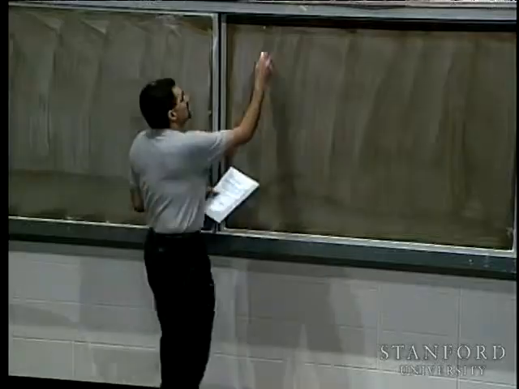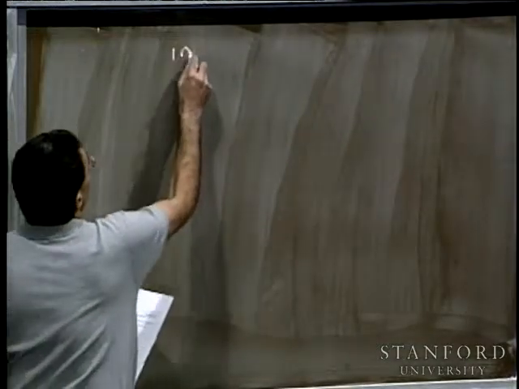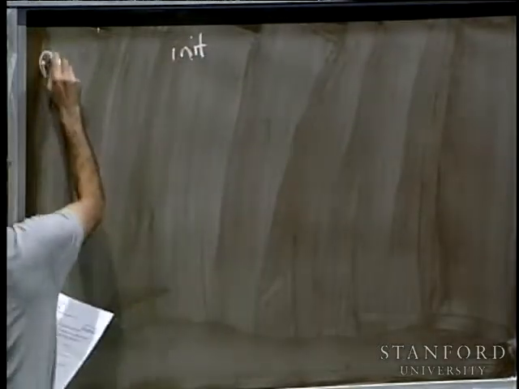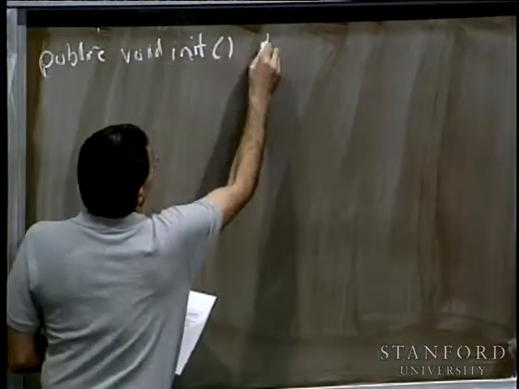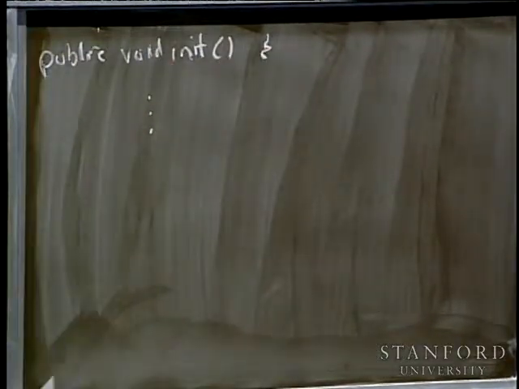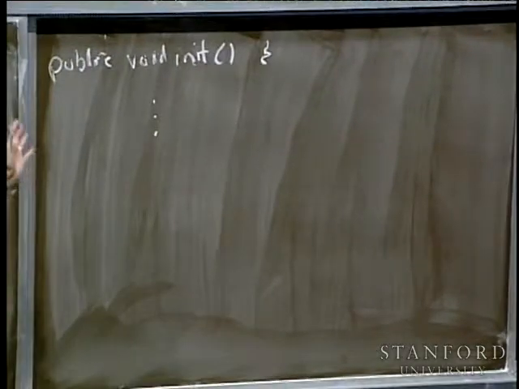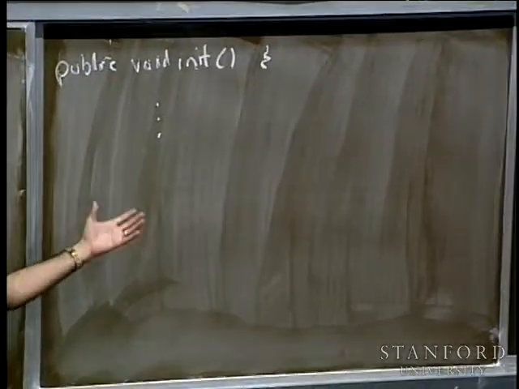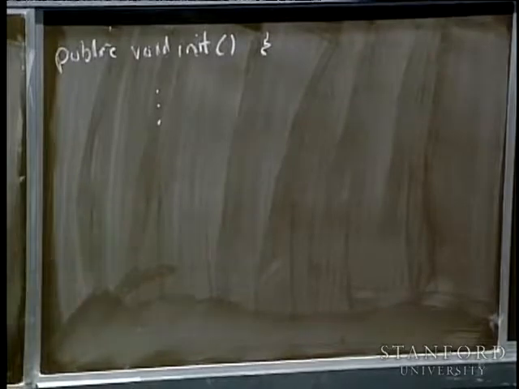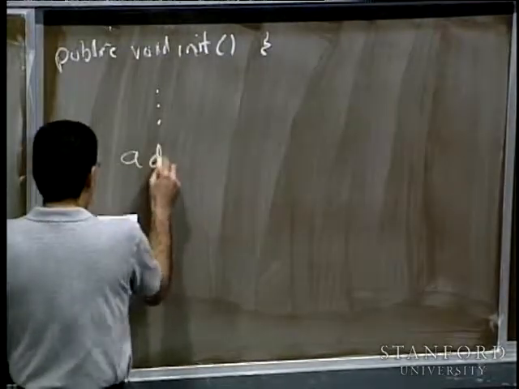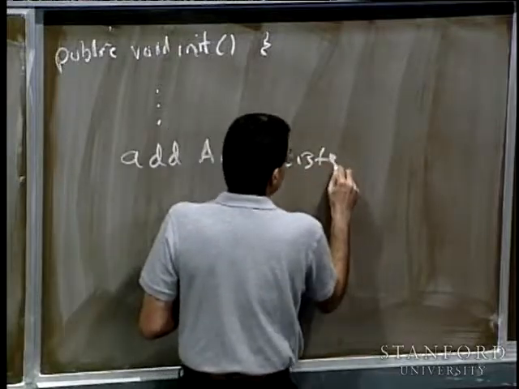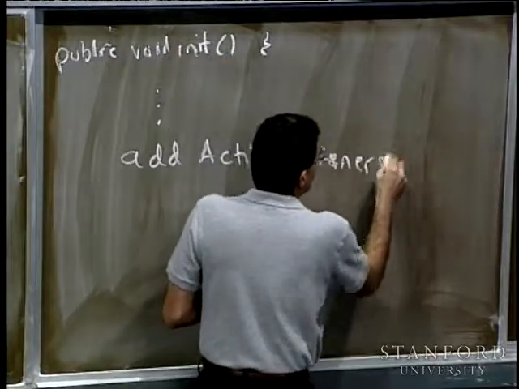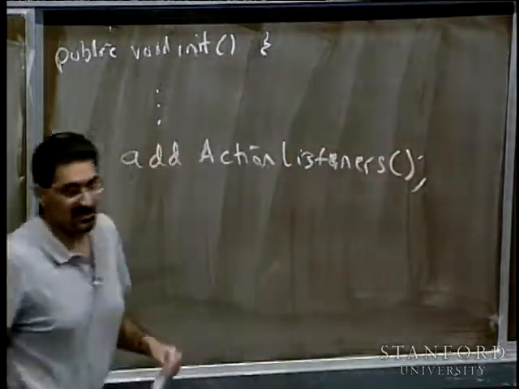One of the things we talked about is how in your program, say in your init method, you might have public void init, and inside here you would set up the parts of your program that you want to actually do something, like the various interactors, so that when someone clicks on them something happens. Then you would say add action listeners, and what this would do is basically say, hey, I got some buttons in my program.